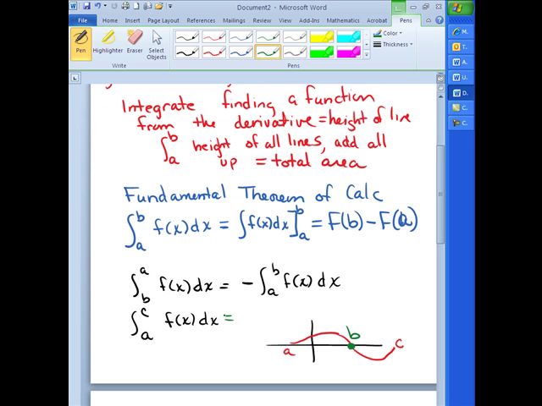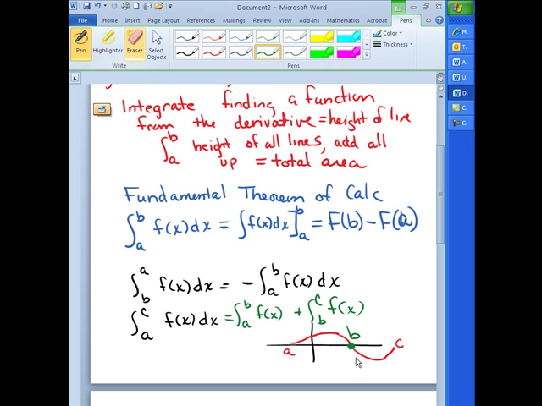And so you can actually take a pit stop at B. All I'm saying is, if you might get tired along the way, you can do the integral from A to B, and then you can do the integral from B to C, and you get the same answer. So you can break things into pieces.